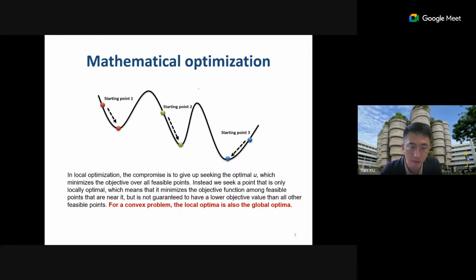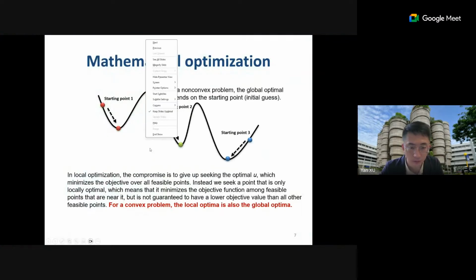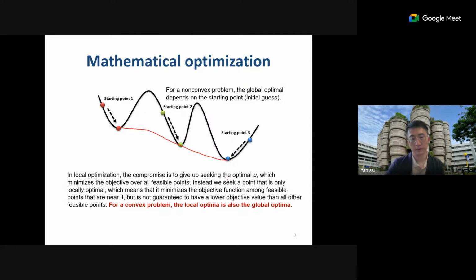Just take this case as an example. If we know such a kind of feasible region, if we're able to connect this point to this point, then we redefine the new feasible region as this.